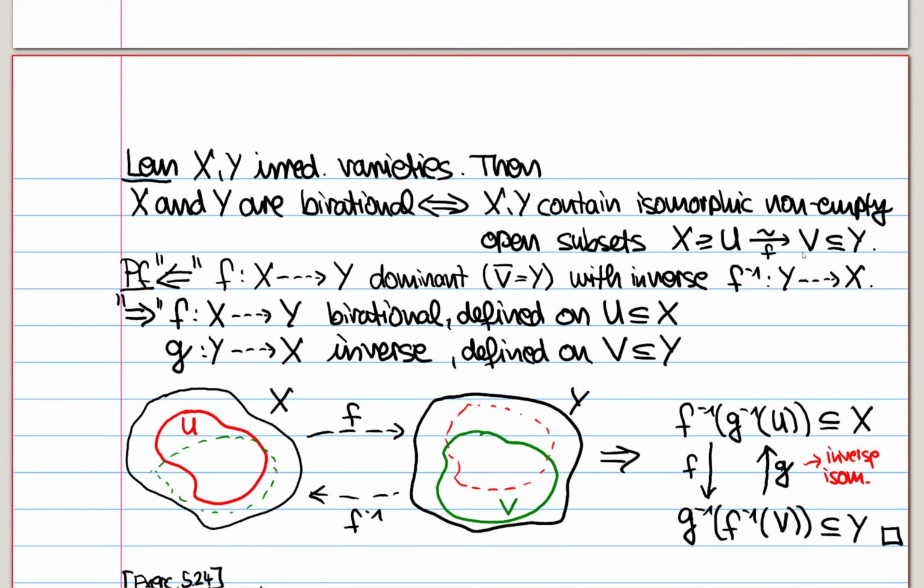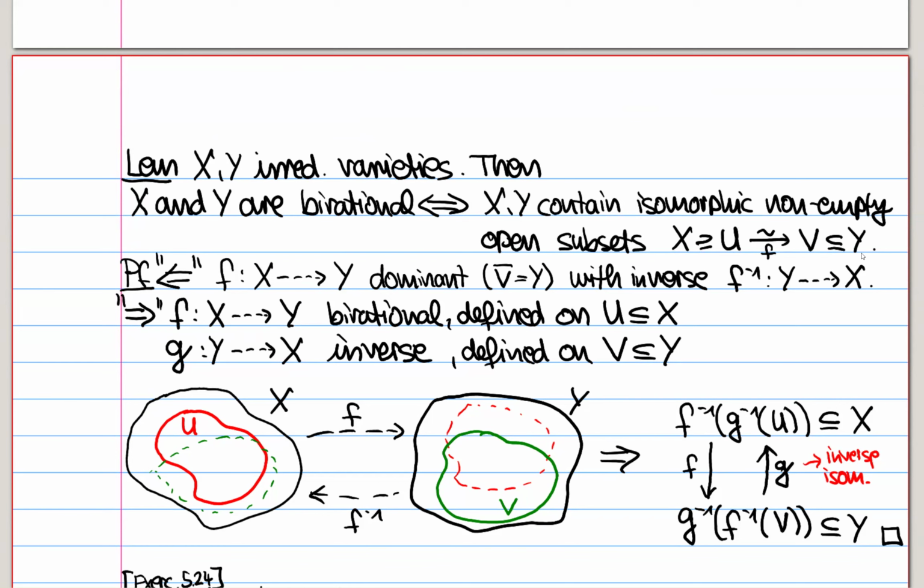And so one direction is pretty easy. If you have this assumption here, then you see this morphism is defined on a non-empty open subset, so it is a rational map. It's a rational map defined on U in this direction. And it's also dominant because V is contained in the image and the closure of V is everything, so the image is dense.